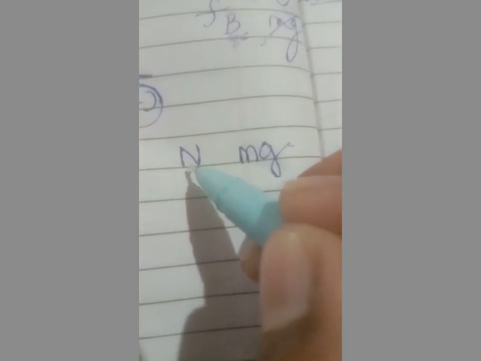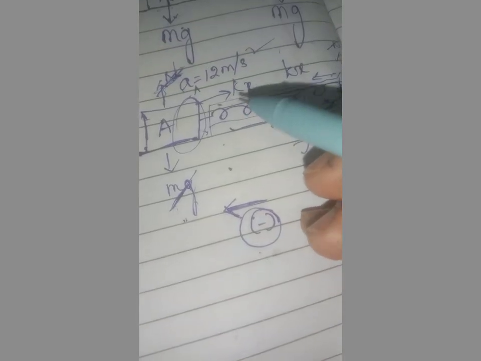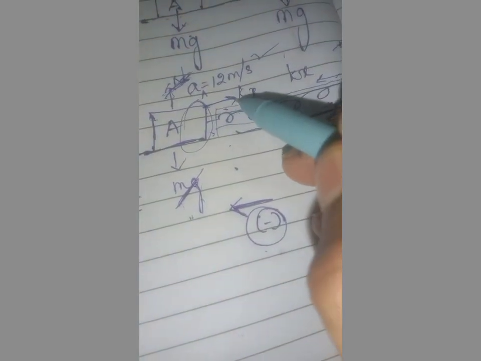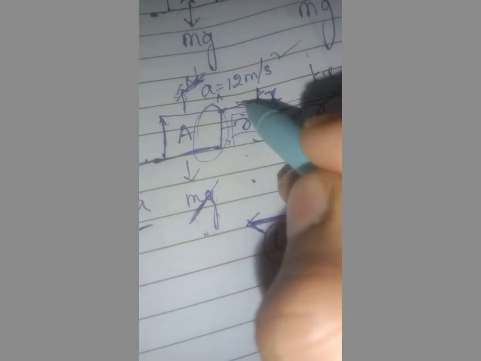The normal force acting upward gets a plus sign, and mg acting downward gets a minus sign, so mg minus mg is 0. Next is kx, which is the spring force. It acts in the forward direction, so it gets a plus sign.